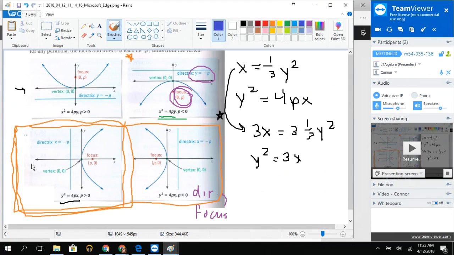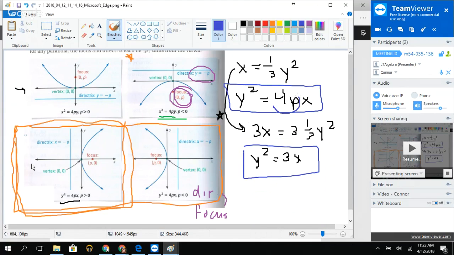So now, since my equations look the same, in the same format, I know that 4p is important in finding my focus and my directrix, and I know 4p has to equal 3, or p equals 3/4.